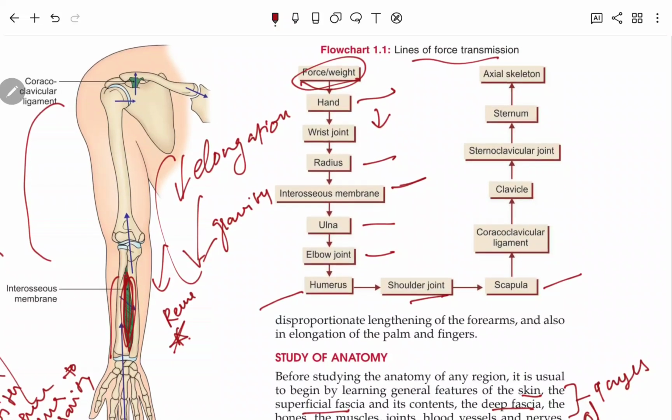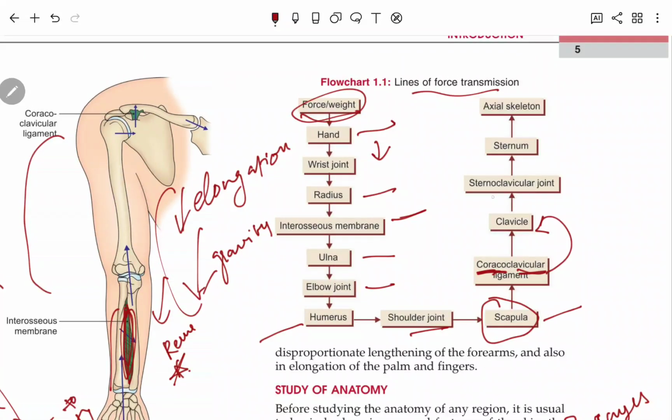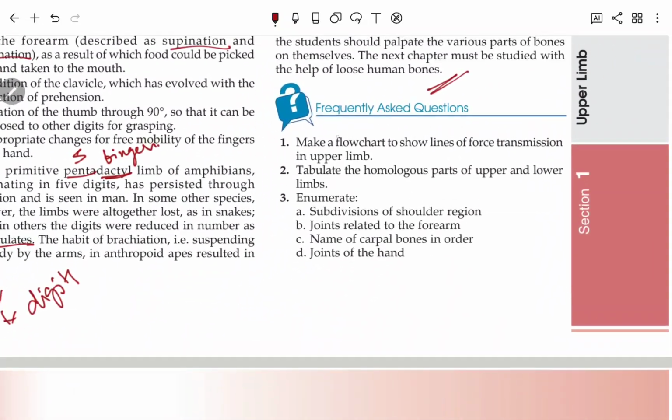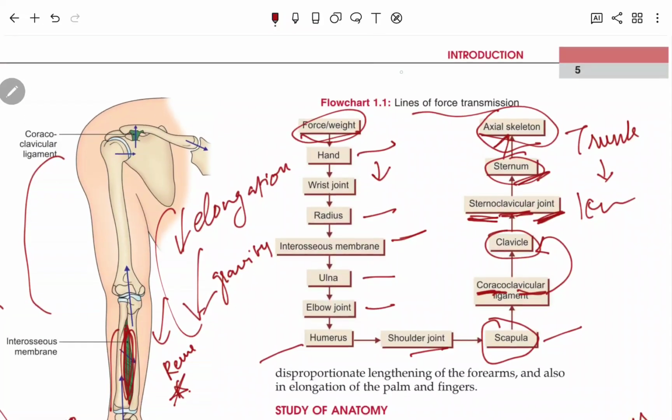Scapula transmits it through the coracoclavicular ligament, the coracoid being part of the scapula, to the clavicle. Then it will be transmitted through the sternoclavicular joint to the sternum, which transmits to the axial skeleton, which is our trunk. From there, lower limb. So yeah, make a flowchart to show lines of force, which is shown here, we discussed here.